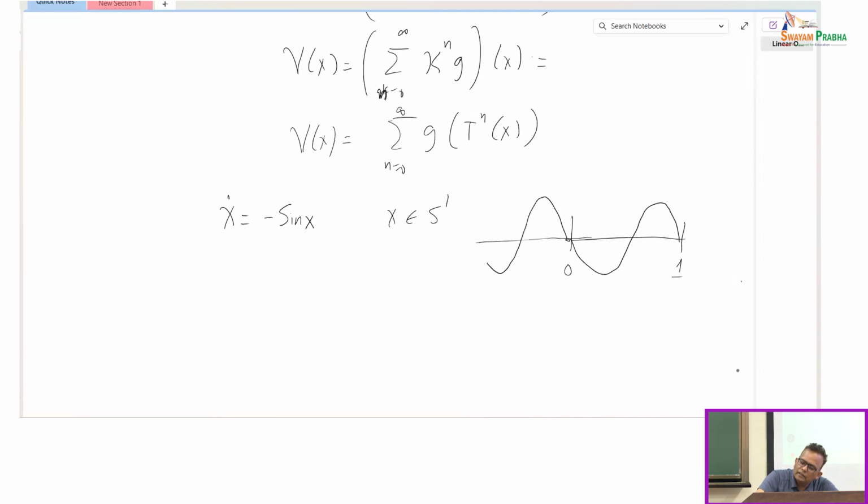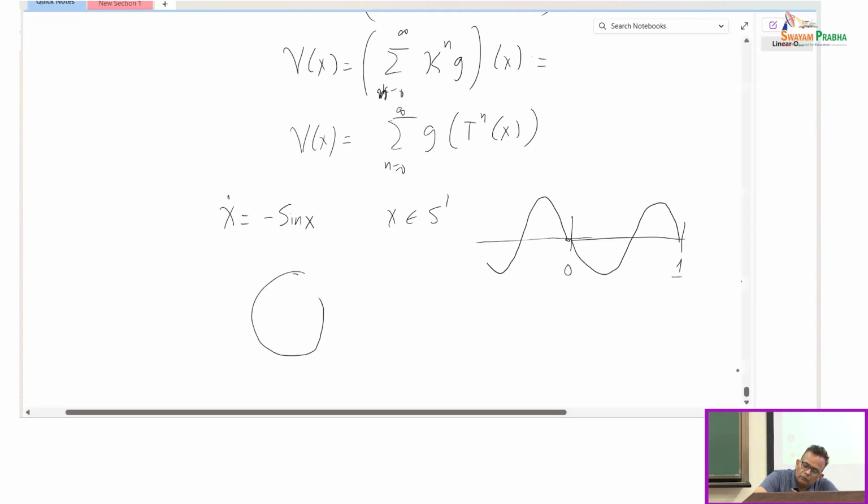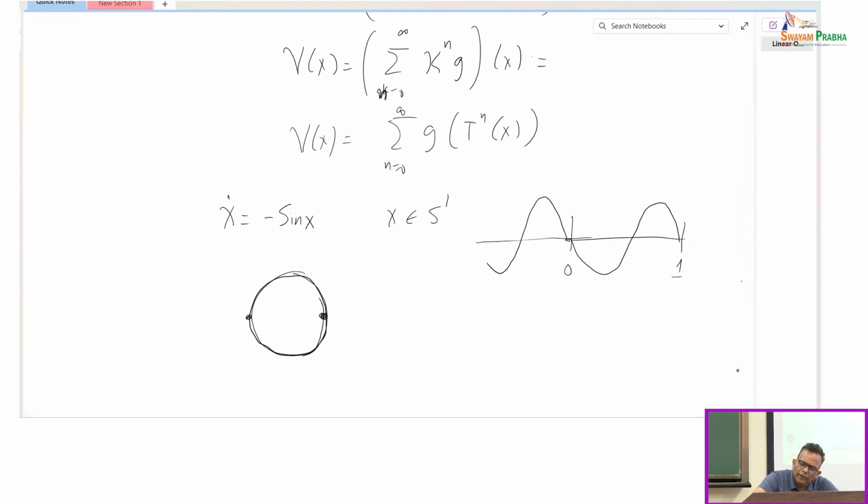So how many equilibrium points are there for this? 0 is an equilibrium point, x equal to 0. What is the other equilibrium point? x equal to pi, right? Which one is stable, which is unstable? Which one is stable?